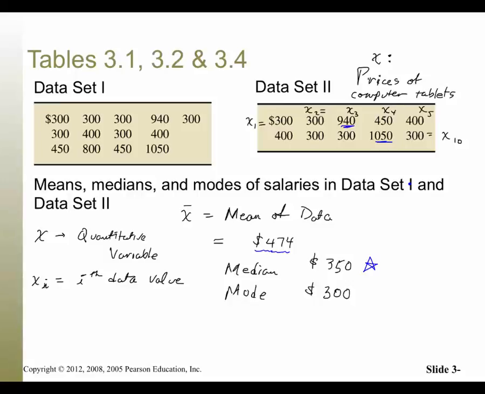These two values, X3 and X9, are called outliers. They're pulling the mean up, and that's the idea of right skewed. Because they're pulling the mean up, what does this data set look like?